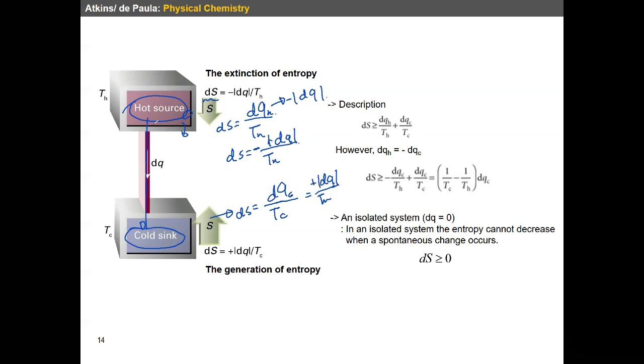Because this is the spontaneous change from this hot source to this cold sink, in terms of the Clausius inequality, we can say that this is the QH, and also for this cold sink, this is the QC, right?